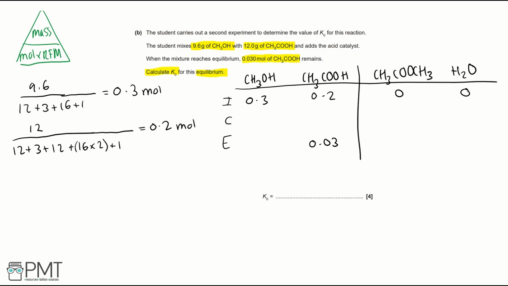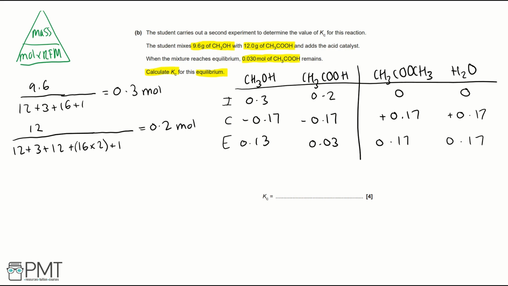So that's a change in moles of minus 0.17. So that's going to be the same because it's the same molar ratio, but where we have our products, we're going to add 0.17 rather than subtracting. So we have 0.17 of our ester, 0.17 of our water, and we have 0.13 moles of our methanol left.